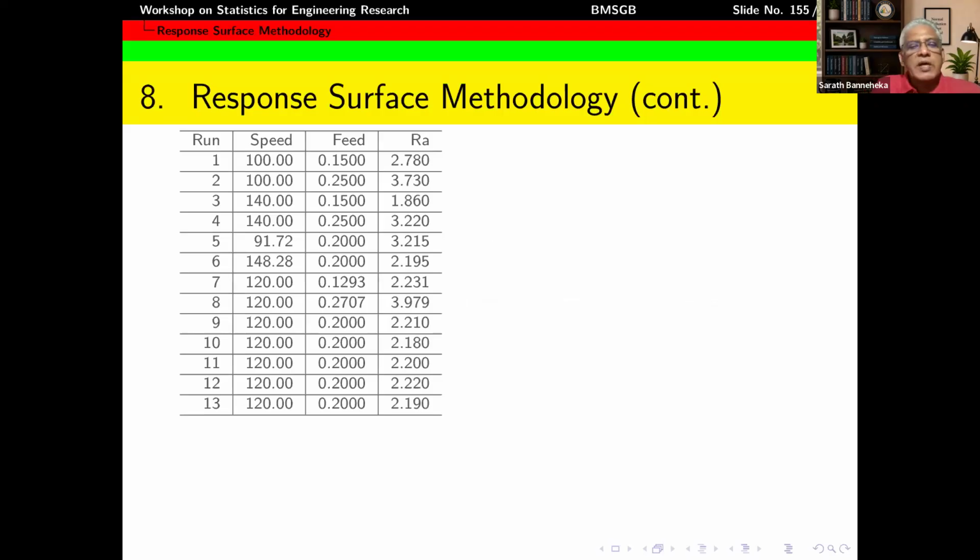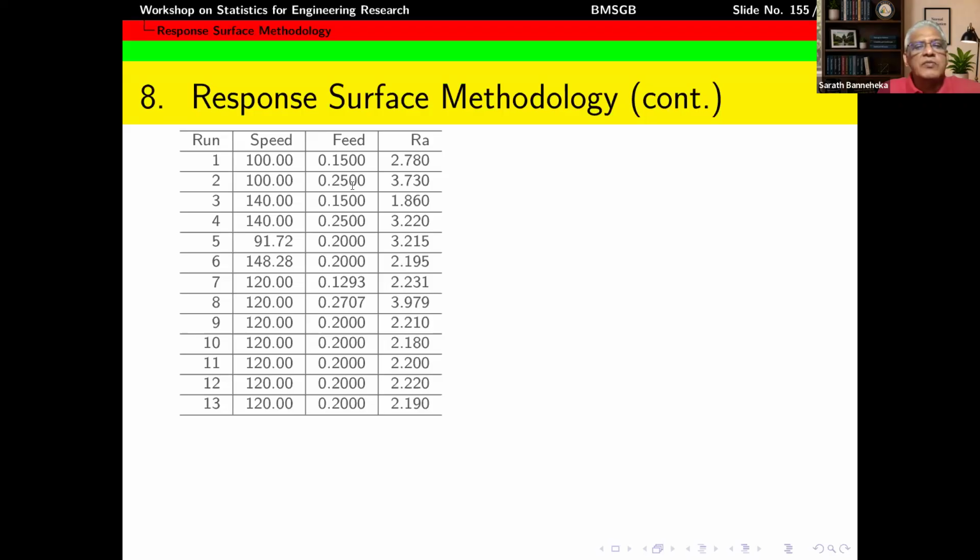So the experiment was carried out using those values of speed and feed, and these RA values have been observed. Notice here that, for example, this experimental condition, speed equal to 100, feed equal to 0.15, has been applied only once. We have only one observation corresponding to that treatment.